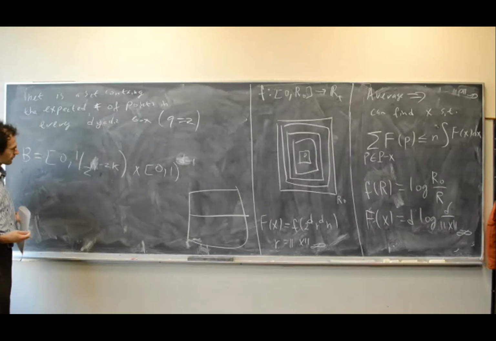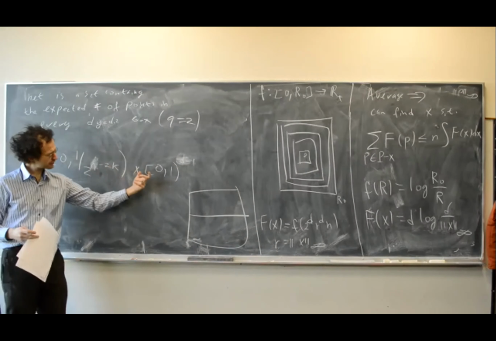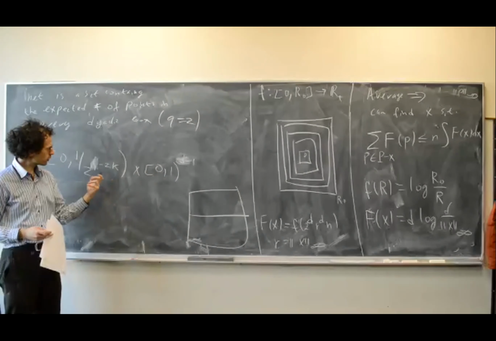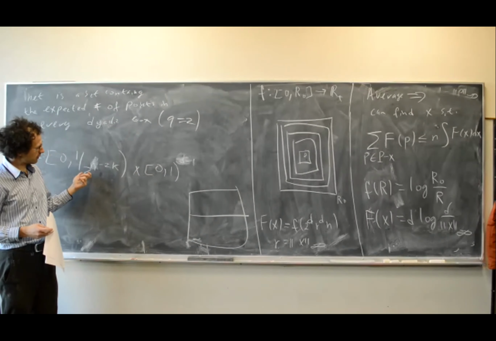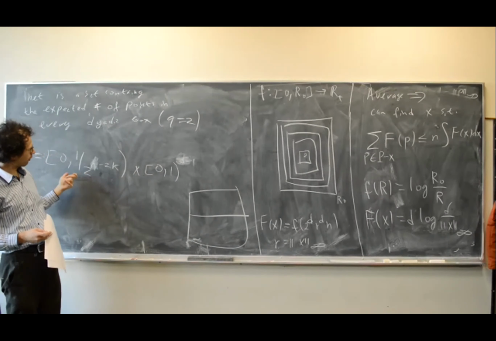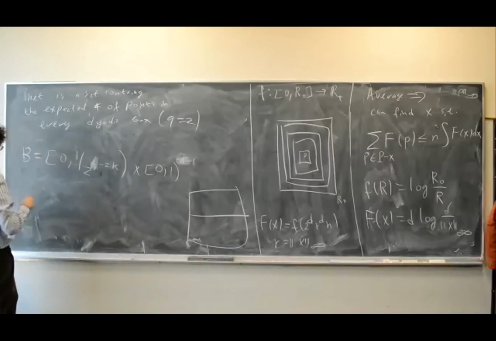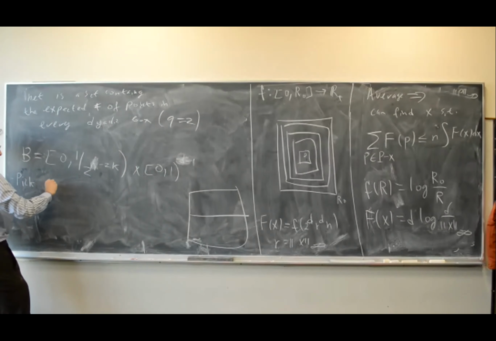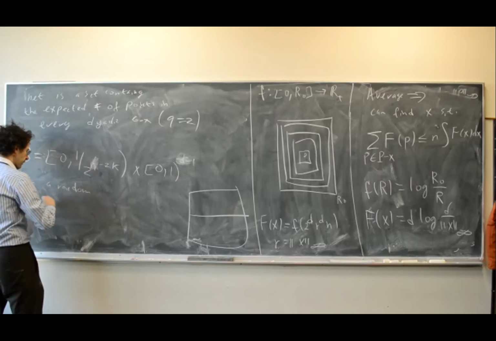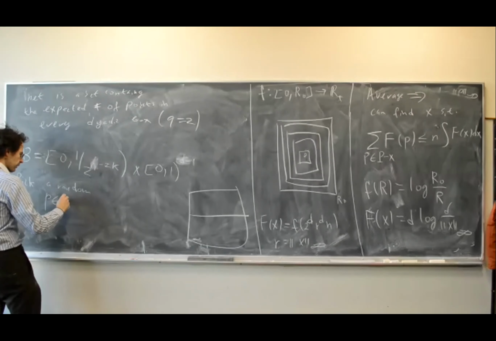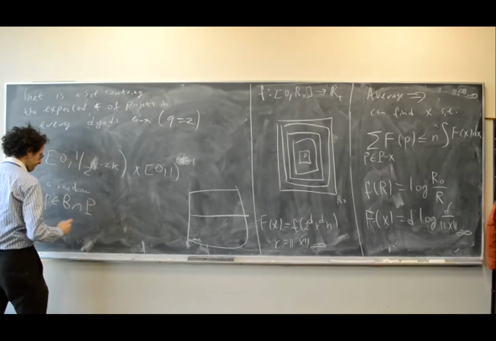And then I will look at sub boxes of this box, and I'm going to look at the first binary digits of points in that box. So pick a random point P from this box intersection.